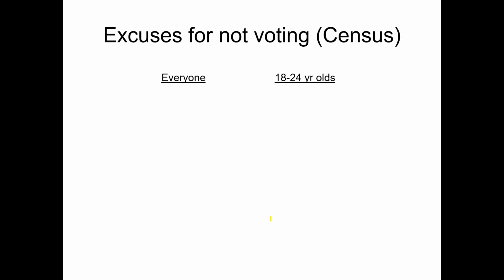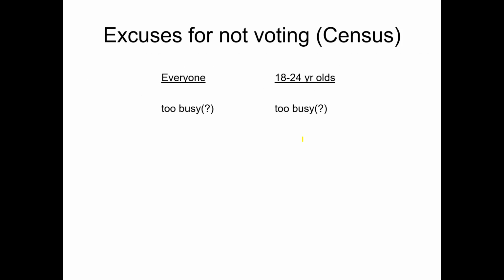What are the major excuses for not voting? The Census Bureau broke it down into the major excuses for all voters and then broke it down just for comparison as to what the major excuse is for 18 to 24 years old. The interesting thing is that now, is this person going to vote? No, they're too busy.